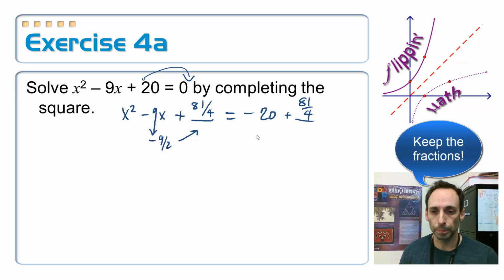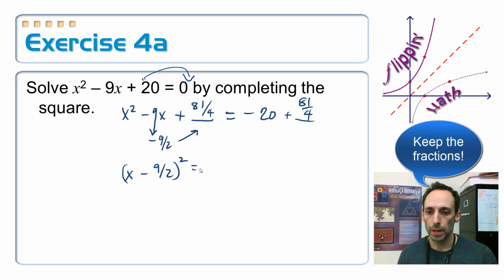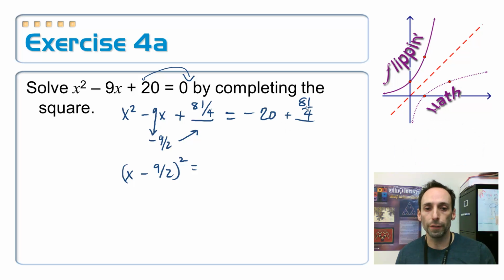81 over 4. On the left, this factors as x minus 9 halves squared is equal to, now that needs a common denominator, it's going to be 4, so 4 times 20 is 80, so this is negative 80 over 4. Adding those up, 1/4.